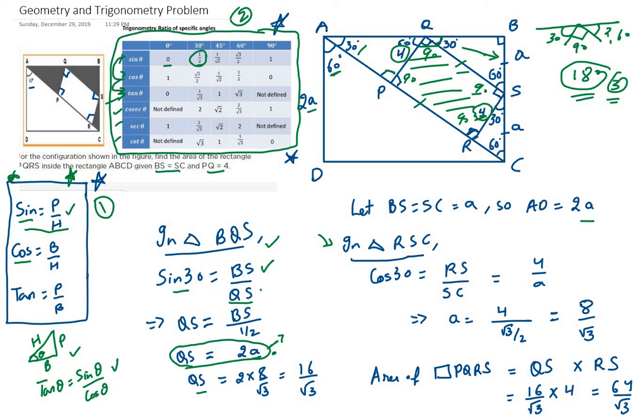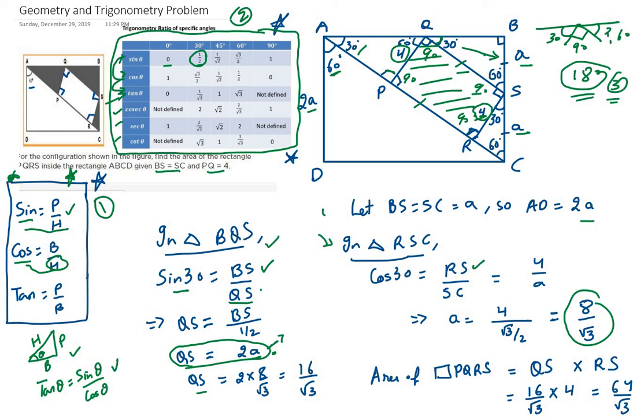So using cos of 30 degrees, we'll be able to figure out the value of SC, because cos 30 will be base, which is RS, upon hypotenuse, which is SC. RS upon SC is equal to 4 by A. SC is A, since BS is also A, so A comes out to be 8 by root 3.